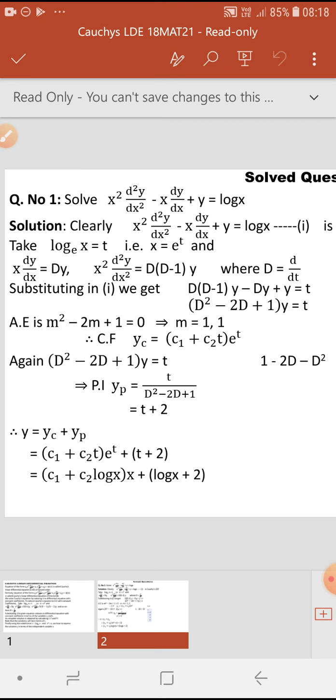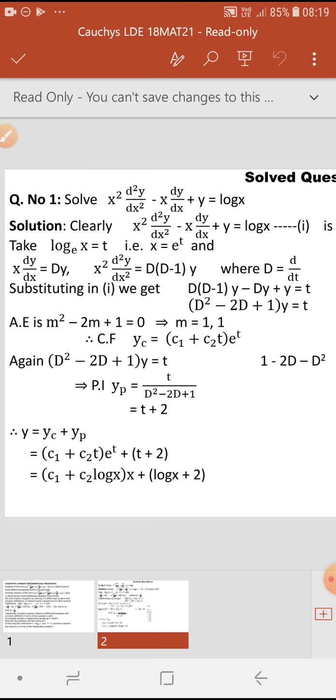Solving this quadratic equation, you get the roots as m equal to 1, 1. So the roots are real and repeated twice. So the complementary function will be yc equal to c1 plus c2 into t into e power 1t. Remember, the independent variable is t, not x.